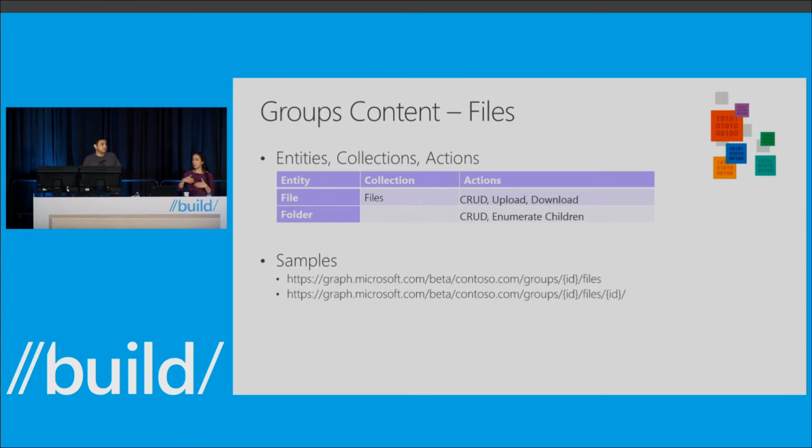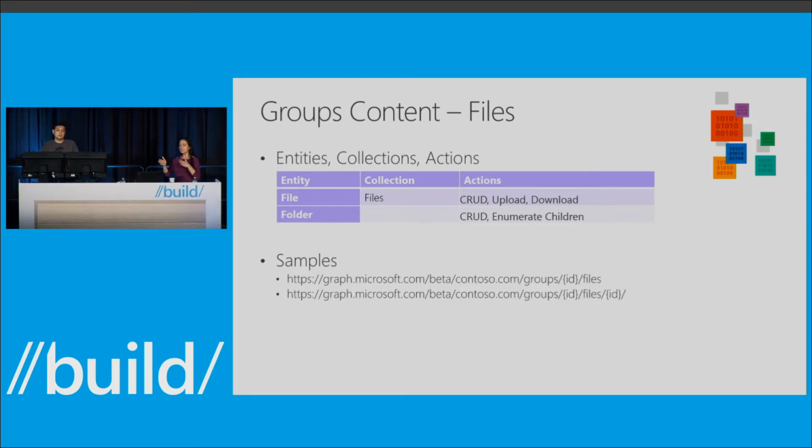And because I'm using the unified API, I can go through the fixed relationships between the files and the users that have interacted with the files. For example, I can do /files and go to a particular file and go to the last person that modified that file and get the user profile of that person. And even further, look at other relationships that user has, like, for example, the manager or the reports and things like that.